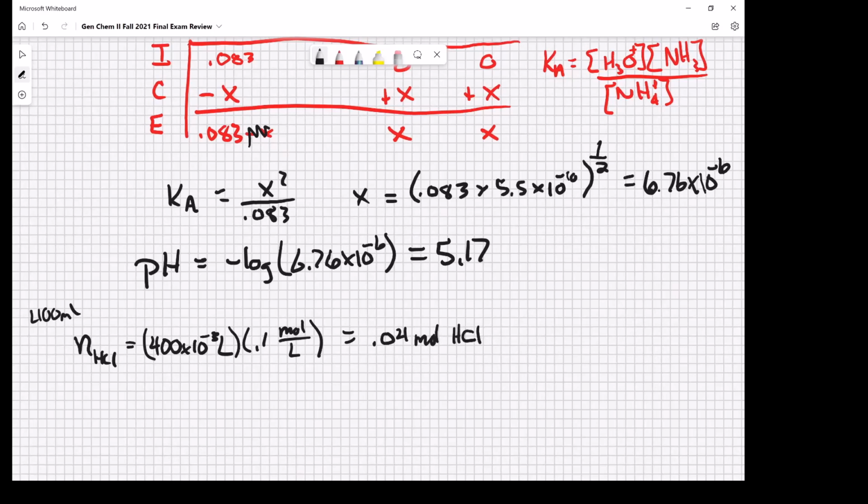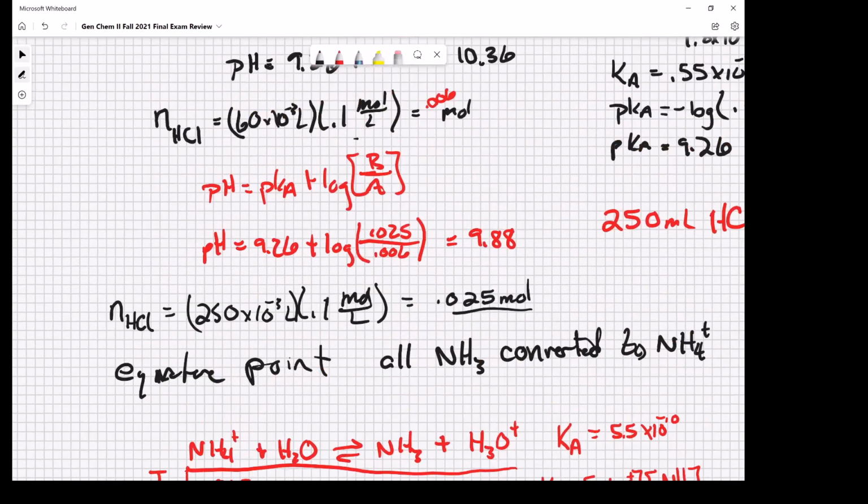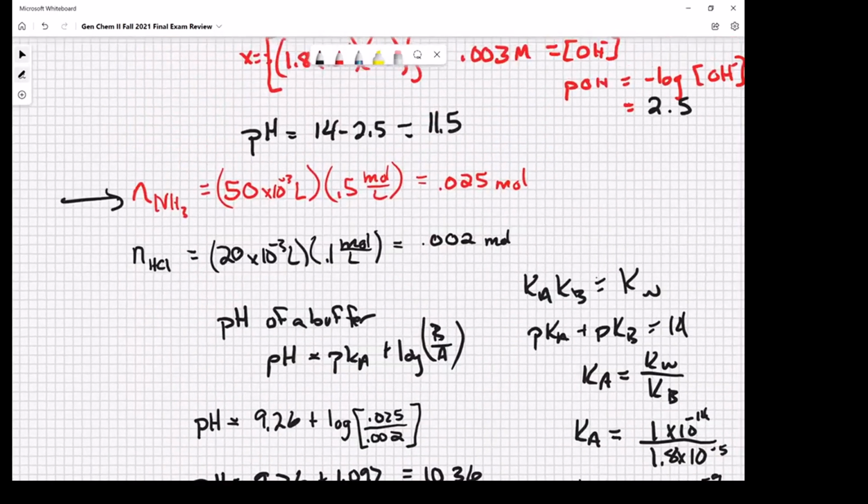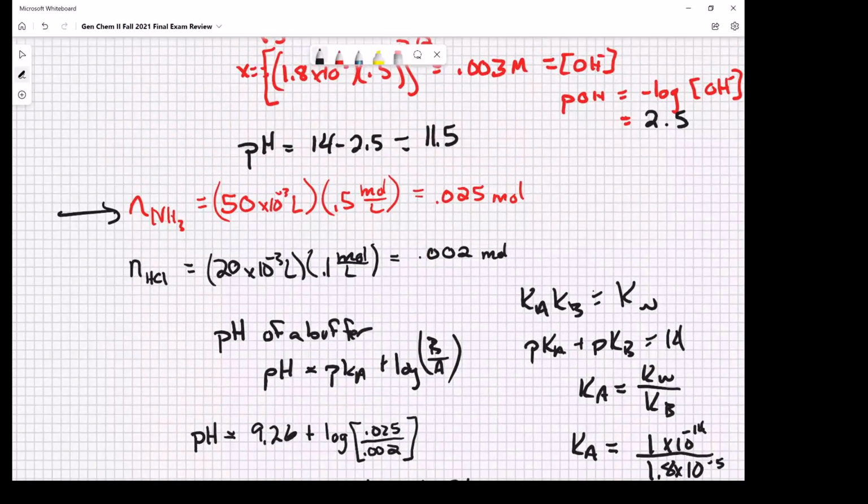All right, so now compare this number to the number of moles that we started with of NH3, which is way up here now. So we've added definitely more acid than we had base to begin with. So we're past the equivalence point at this point. So now the calculations are the easiest, because now we just figure out how much extra acid there is and determine its concentration. From that concentration, we can establish a pH, right? So that's the next step.